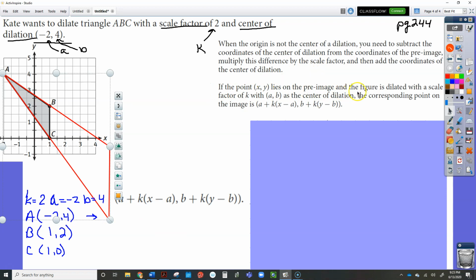It says you need to subtract the coordinates of the center of dilation from the coordinates of the preimage. That step right there. Let me see if I can highlight it. That step right there, you need to subtract the coordinates of the center of dilation from the coordinates of the preimage.